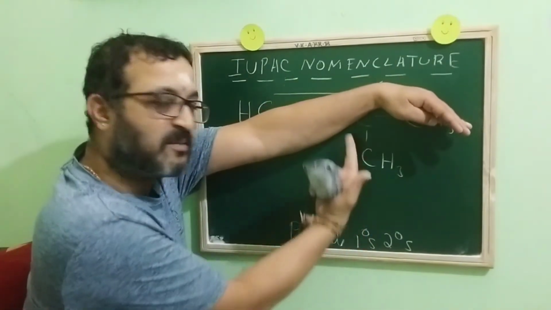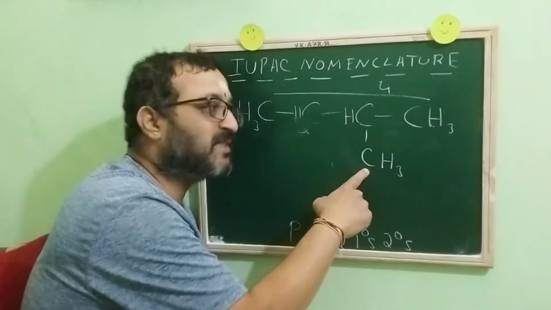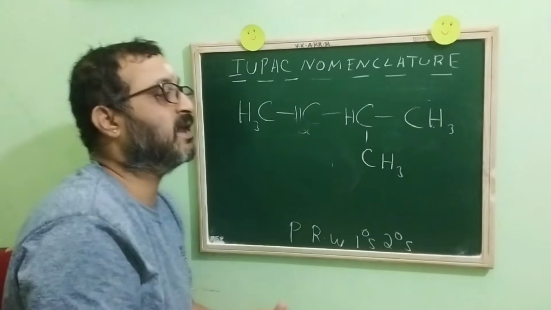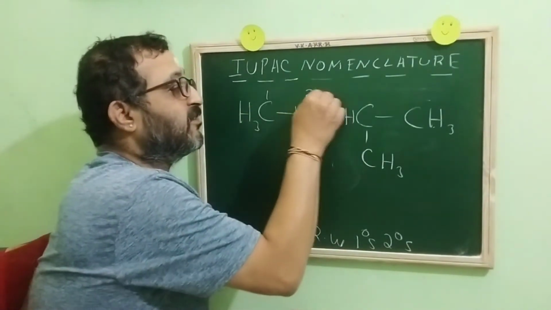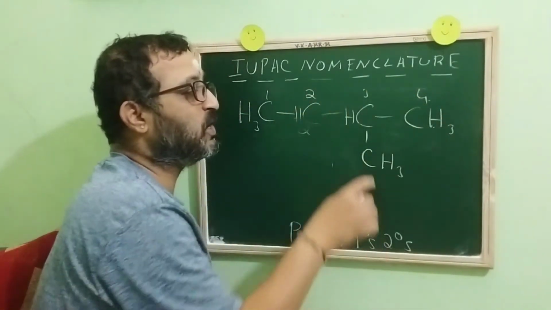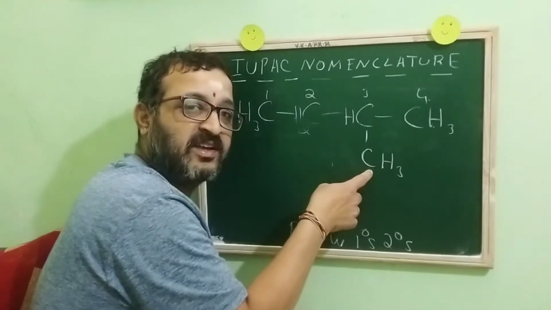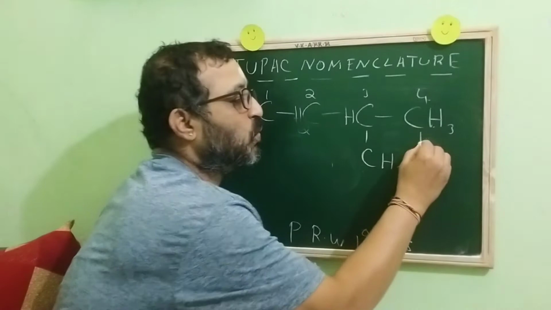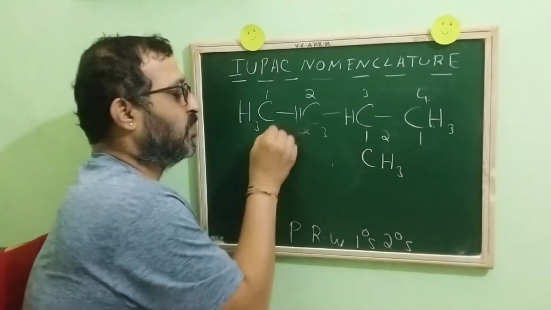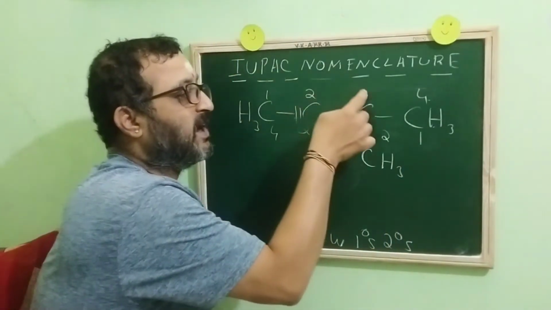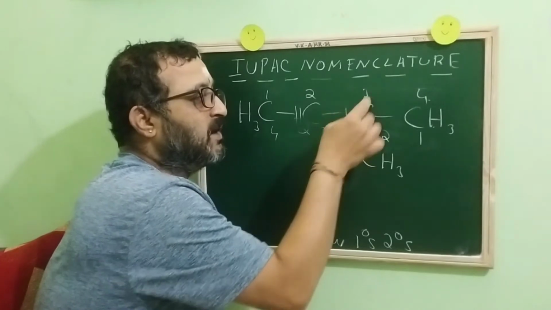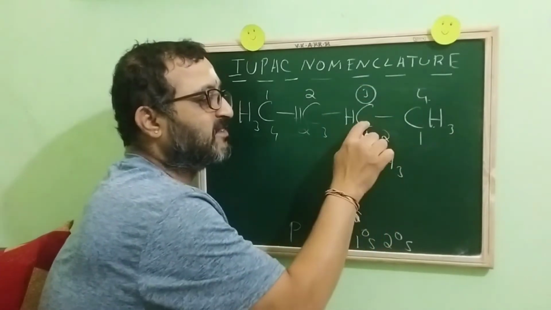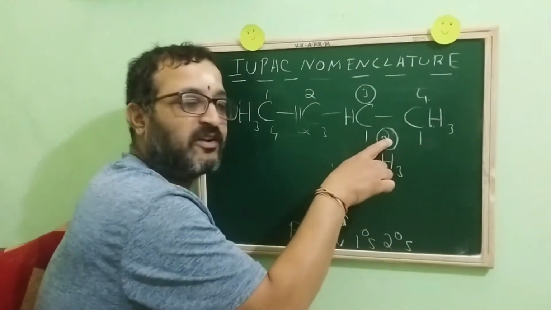To this parent chain something is attached. What is that? Methyl group. Then I will do the numbering in such a way that the carbon to which the methyl group is attached has to be assigned with what? Lowest number. 1, 2, 3, 4. From the left side, this carbon is getting 3. From the right side, the same carbon is getting what, children? 2.